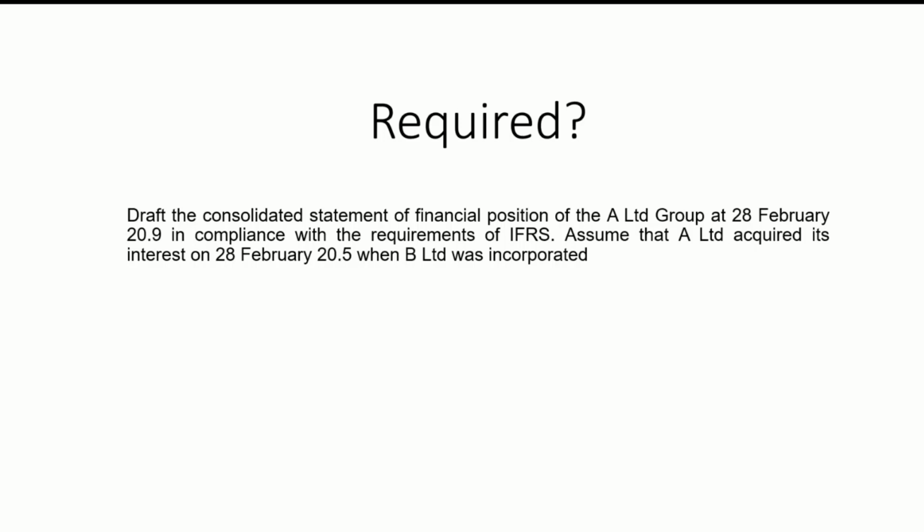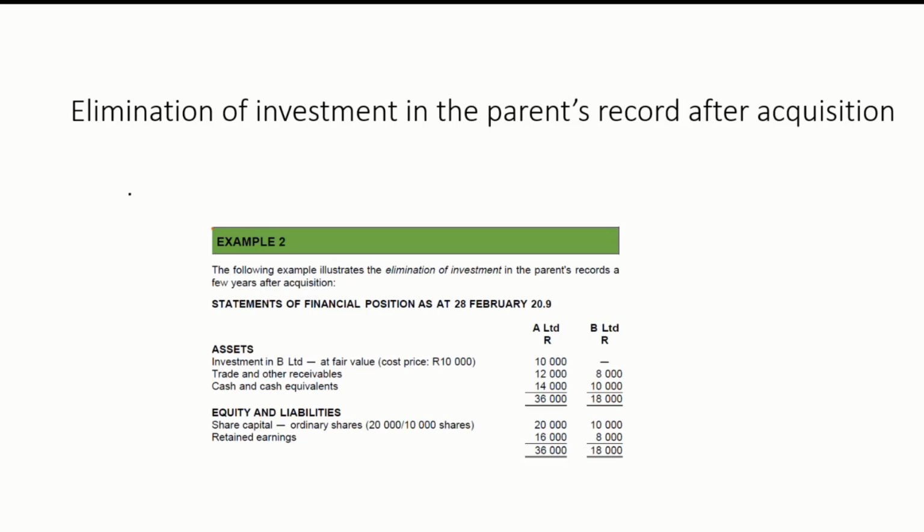Good. So we've been asked once again to prepare the consolidated statement of financial position. What is the first step? What is step number 1? Combine. So I know that my end result, the consolidated financial statement, is going to be trade receivables and other receivables, 12,000 plus 8,000, giving 20,000. Cash and cash equivalent, 14,000 plus 10,000, giving 24,000.